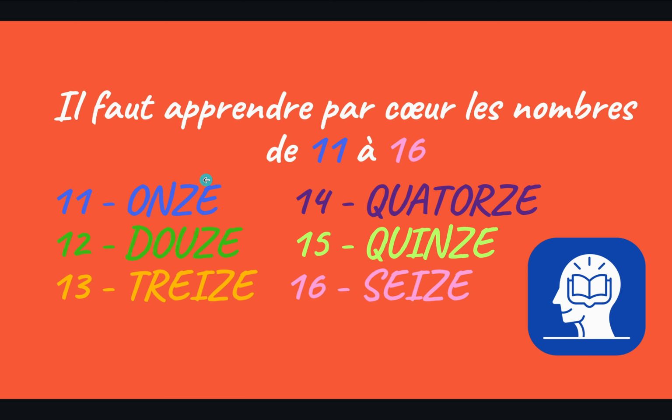But you have to learn by heart few numbers, okay, because they are irregular. Their form is irregular. These numbers are from 11 to 16. De 11 à 16.